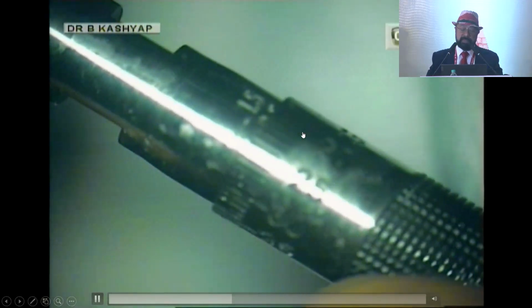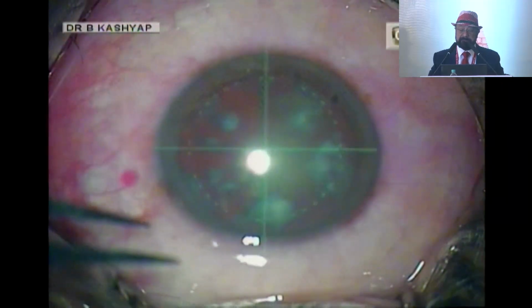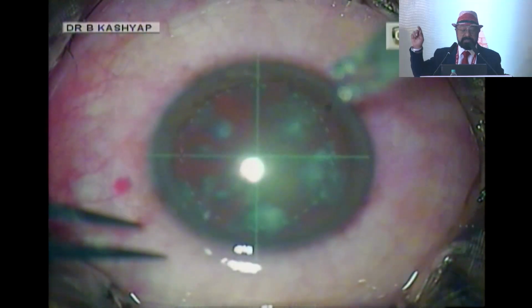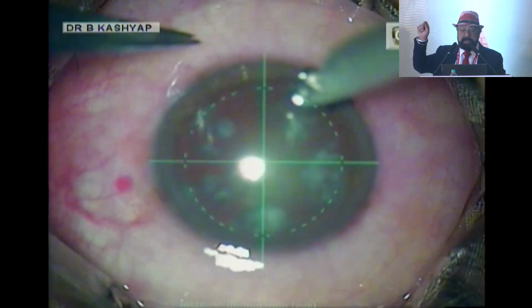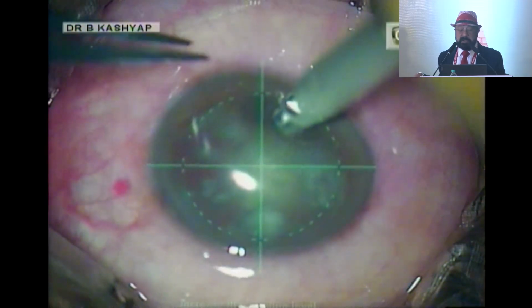Then you take a diamond knife, measure it, and the intended depth has to be approximately 95%. And you see the axis marking. So you have to make the arc around this axis marking.